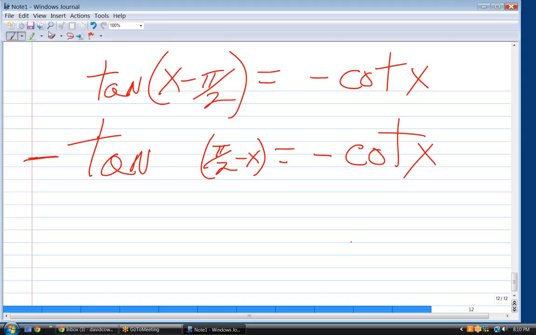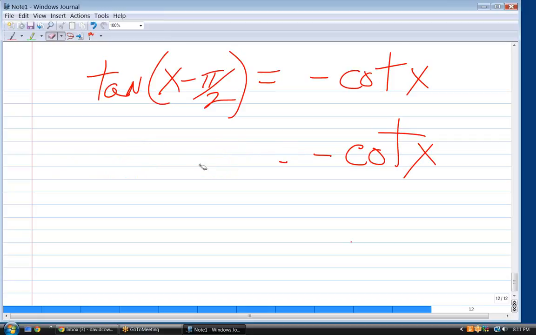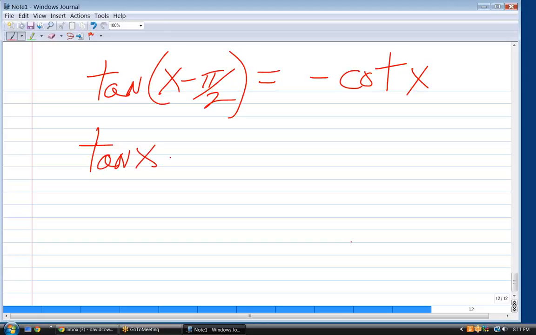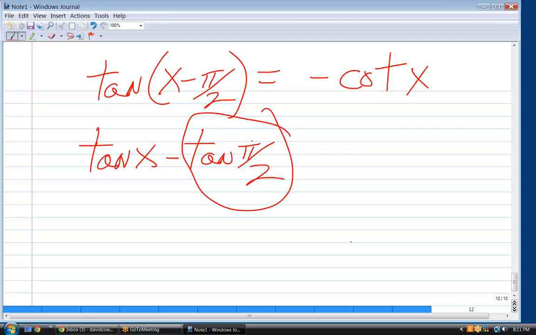Now, just to play with it a little bit, let's see if we can use the sum and difference to show that. Well, if I use the sum and difference formula, this is tan of x minus tan of pi over 2. That presents problems. What's the tan of pi over 2?